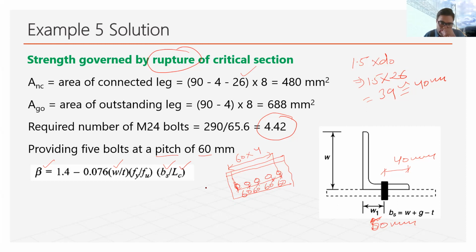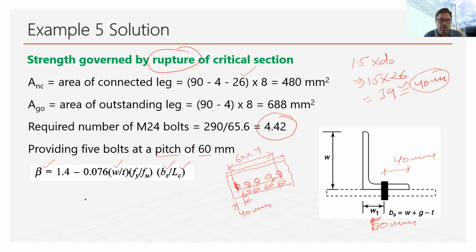Also, the edge distance is measured from the center of the outer bolt to this end line. So this will be the edge distance, which I have just assumed as 40 mm.